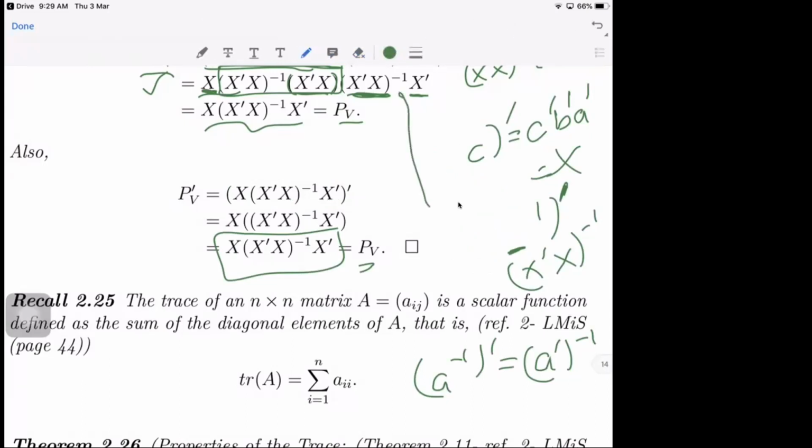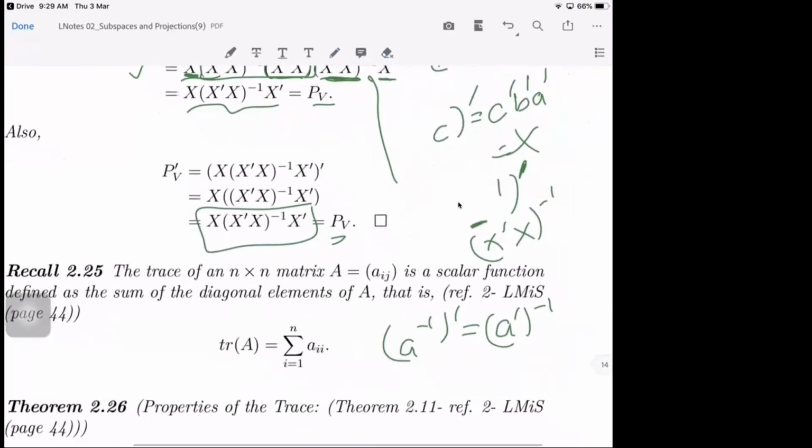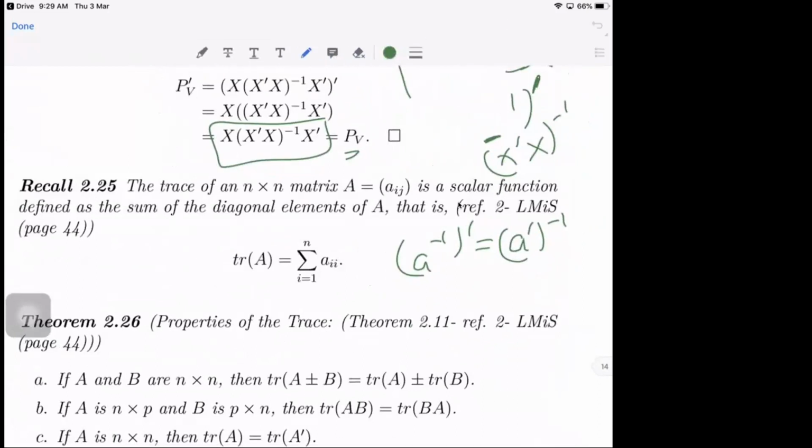Okay, next, let's have a definition of your trace. Recall that the trace of a square matrix is the sum of the diagonal elements of A, that is by notation, the trace of A is just equal to the sum of the A_ii from 1 to N. And we have some properties of the trace.